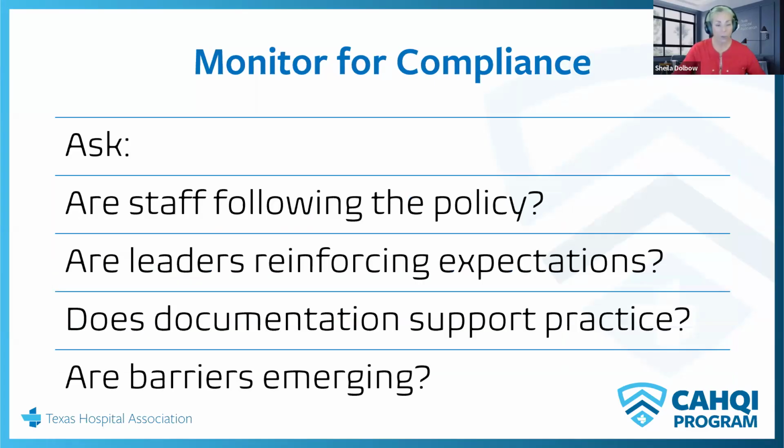Monitoring for compliance is all part of quality improvement. You should have some metrics set up anytime that you implement change. We want to make sure that they're following the policies, that we're as leaders reinforcing expectations, that it is documented, that we're supporting our practice through that documentation. And as we identify any type of barriers, that we're actually addressing them or doing something about them.